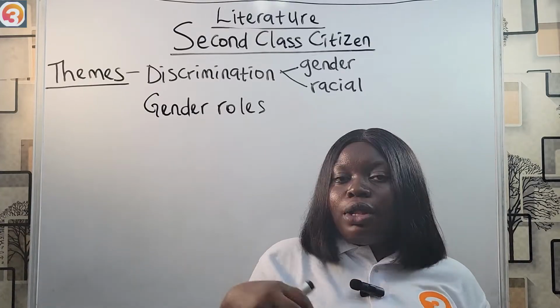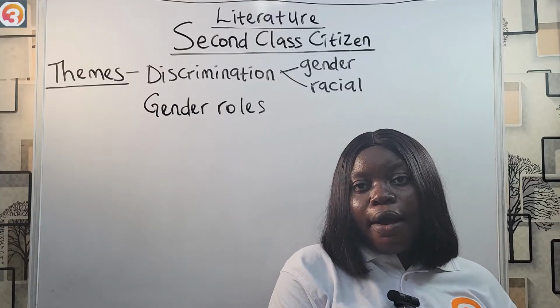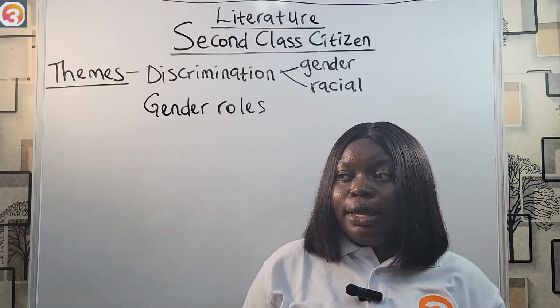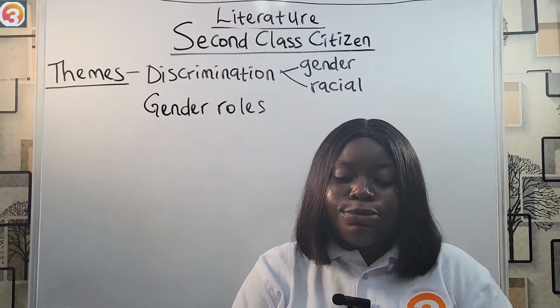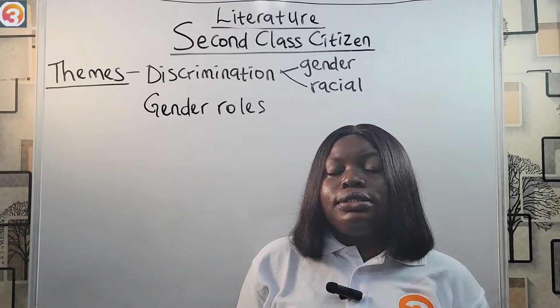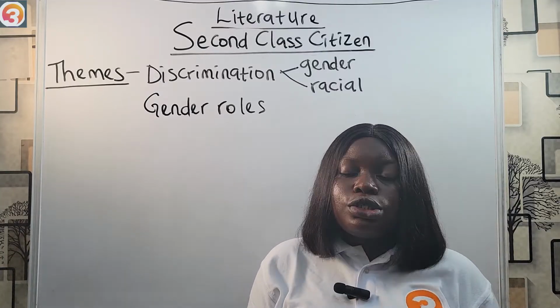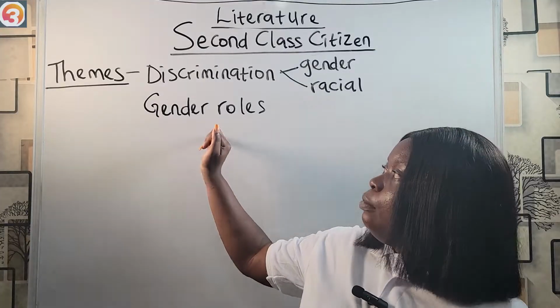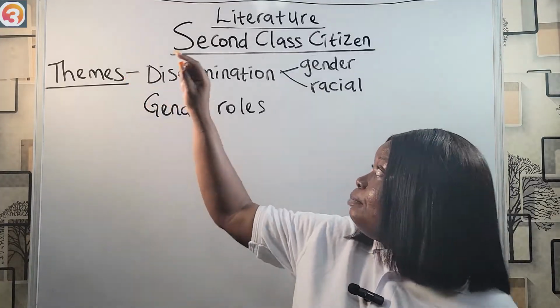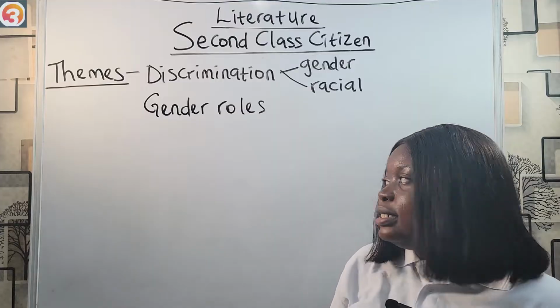And even when a foil character in the form of Mr. Okpara was introduced and it was like trying to admonish Francis, Francis still refused. He's just not cut out for work. So we see the theme of gender roles playing out in Second Class Citizen.